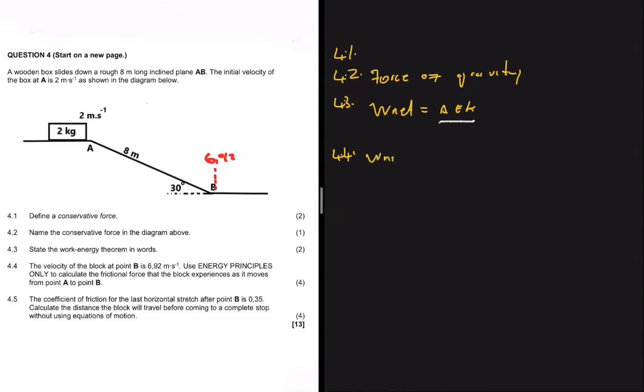Work net is equal to the change in EK, and work done by non-conservative forces is equal to the change in EK plus the change in EP, the potential energy.